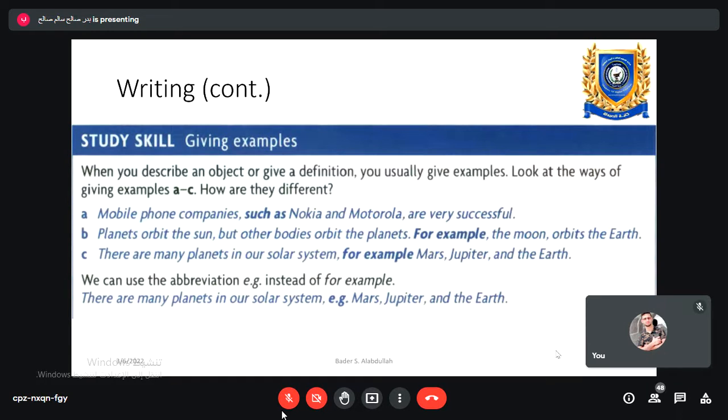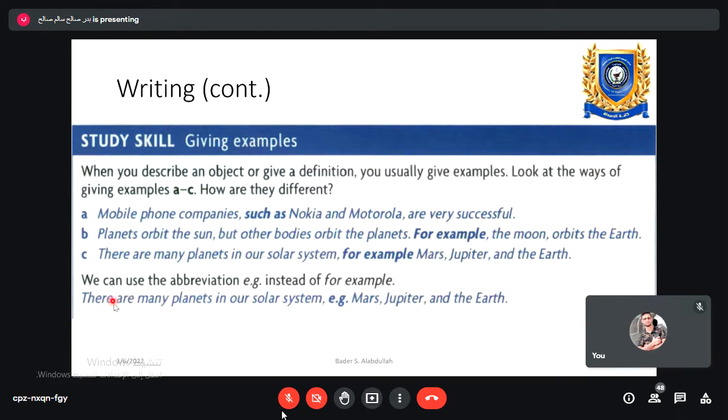أيضا من ضمن الأشياء اللي ممكن أن نستخدمها هو المختصرات. ممكن أن نستخدم مختصرات في الجمل. We can use the abbreviation e.g., which means for example or as example, instead of for example.